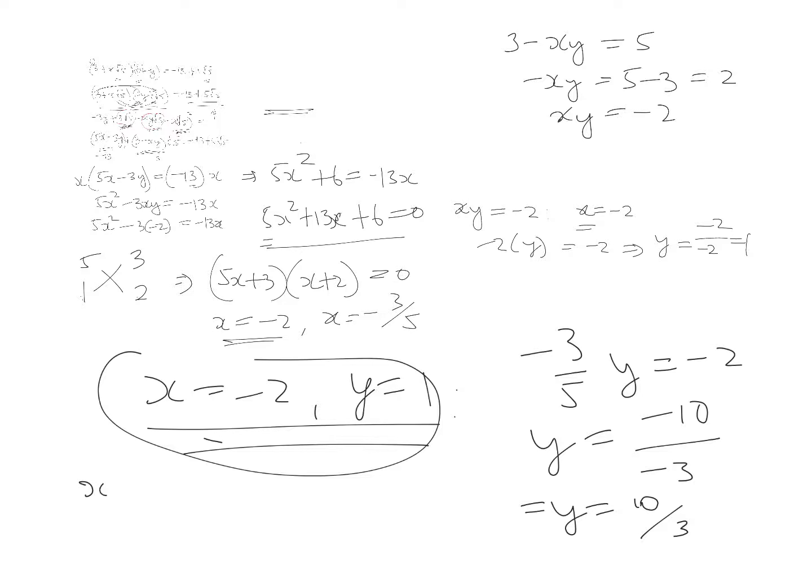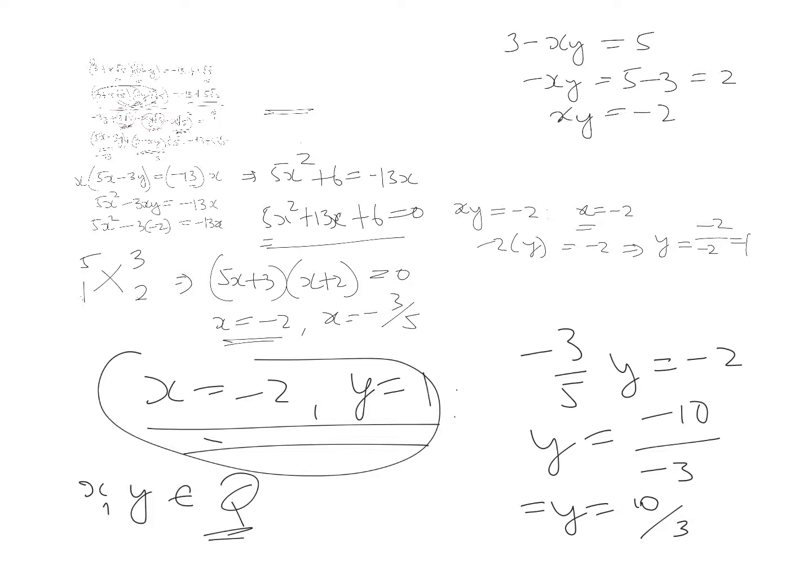Okay? Now, I believe part of the problem, why they only chose this answer, is because it is said that x and y must be contained in Q. And I believe Q, from the definition that we were discussing earlier, has to be a set of rational numbers. And maybe 10 over 3 is not a rational number, because a rational number is a number that could be expressed as a ratio of two whole numbers. Although I see here we have two whole numbers, which is 10 over 3. So to me, that is a rational number. And then negative 2 is also rational. But I'm not sure why the book only gave a single answer.